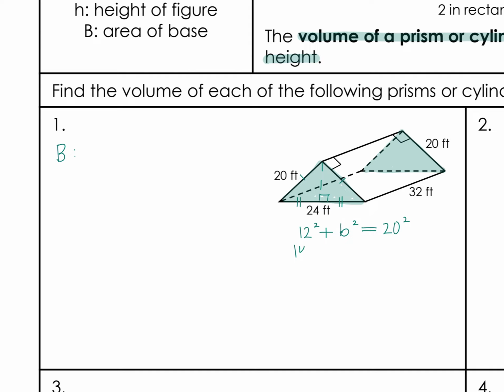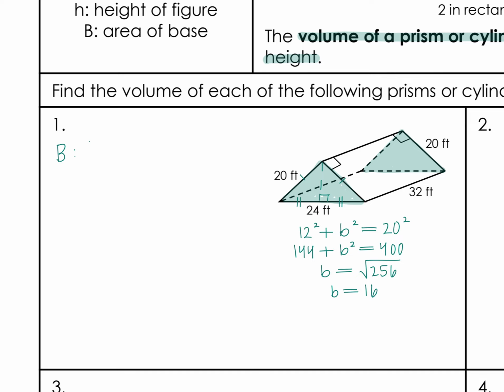When I square everything, I'm going to get 144 plus b squared is equal to 400. And when I subtract and take the square root, I should get 256. So the square root of that is going to be 16.